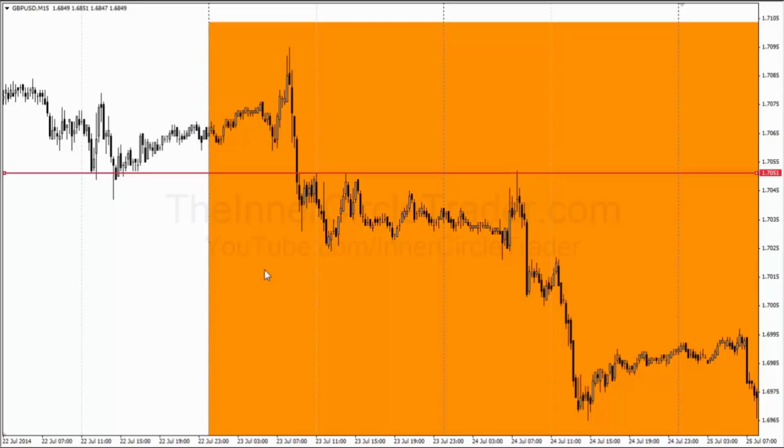Based on the three primary profiles, which are consolidation, range bound, you see that here. Here's consolidation, reversal, trend, consolidation.